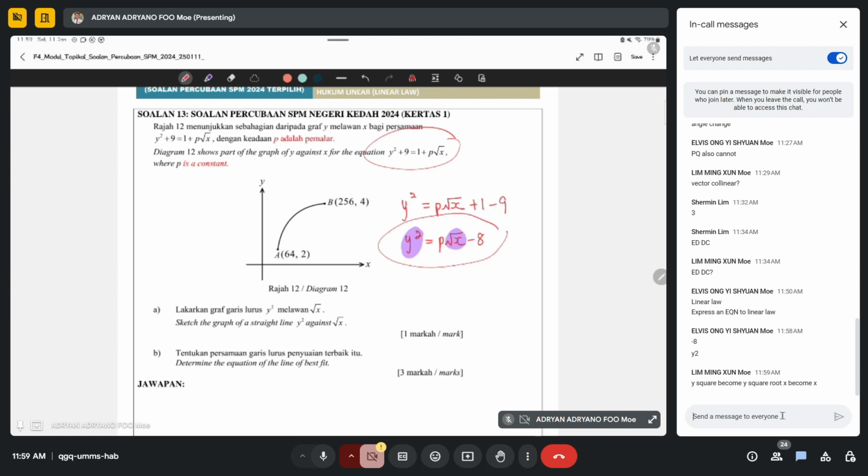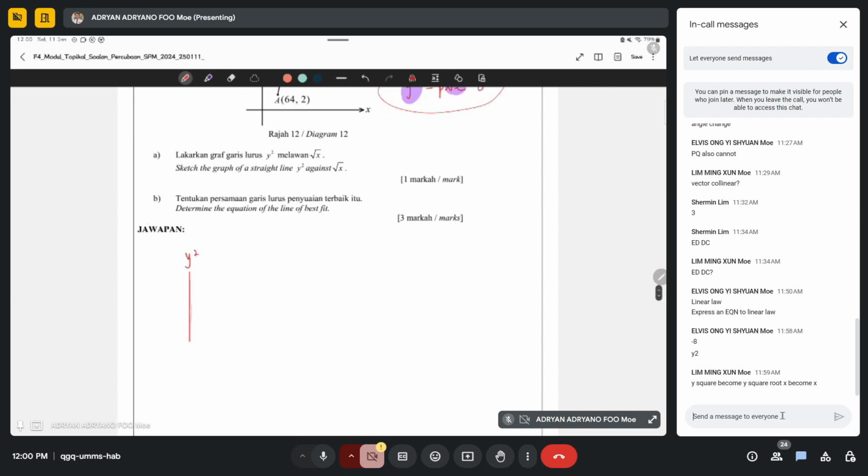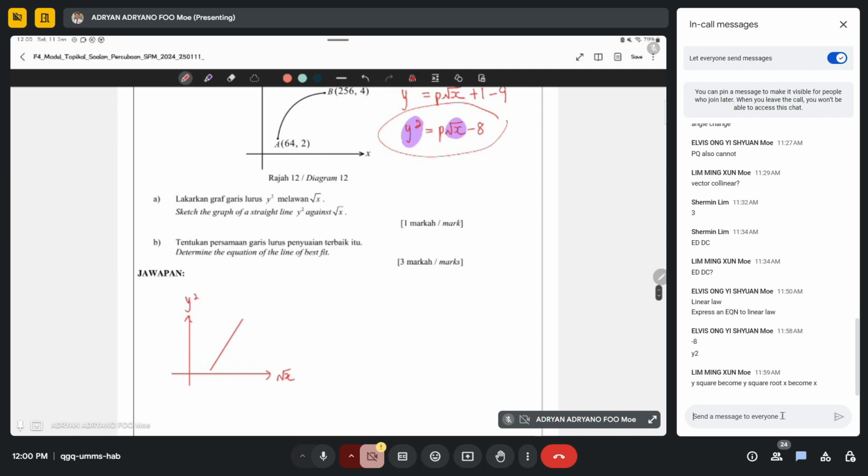So basically you should expect 你的 graph 应该要是怎么样的, y square against set x 应该是要这样的咯。为什么？because 它的 gradient 是 negative 8, so 你的 graph should be like that, you can expand also lah.